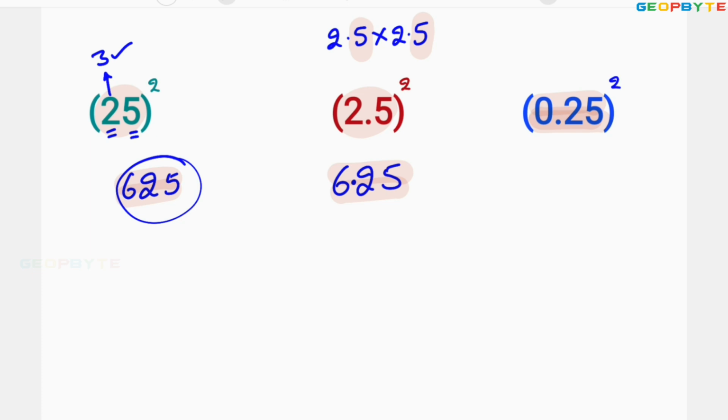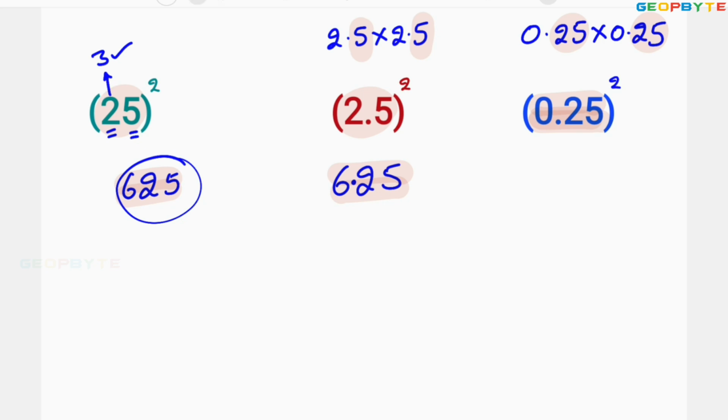Similarly, let us go for the 0.25 square. That 0.25 square can be written as 0.25 into 0.25. You just count how many digits are there after a decimal point. Here it is 2 plus 2, 4.